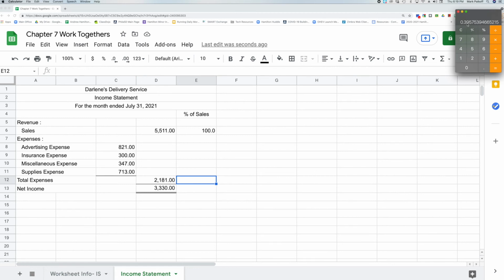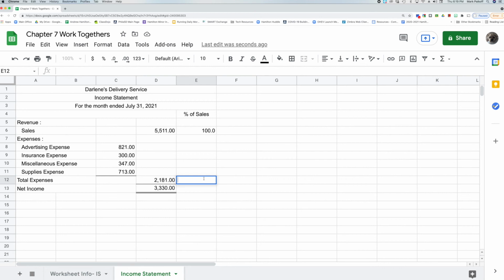And if we move the decimal point 2 places to the right, that will give us 39.57. And since the 7 is bigger than the 5, that will round the 5 up to a 6, so it's going to be 39.6%. So the percentage of sales for total expenses is 39.6%.